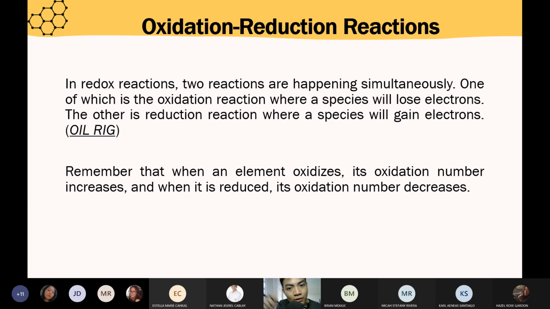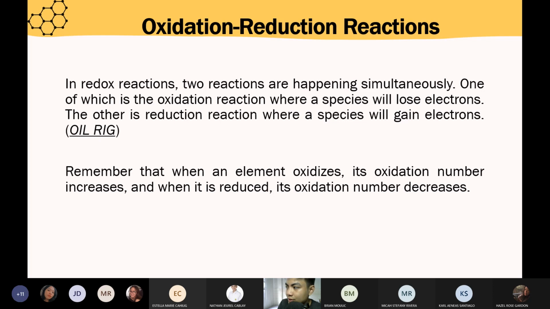So, when an atom undergoes oxidation reaction, it loses electron. Therefore, its oxidation number must increase. Okay? And then for reduction reaction, it gains electron, and we know that electrons are negative. So, if you gain electron, mas magiging negative ka. Bababa yung oxidation number mo.